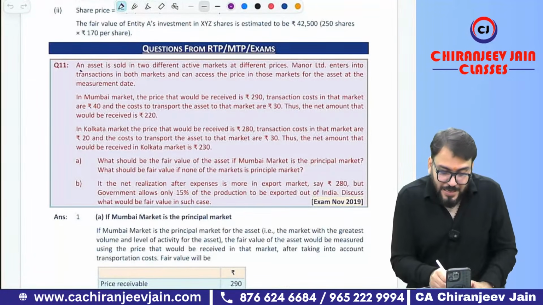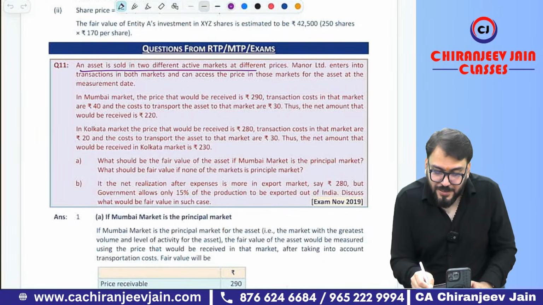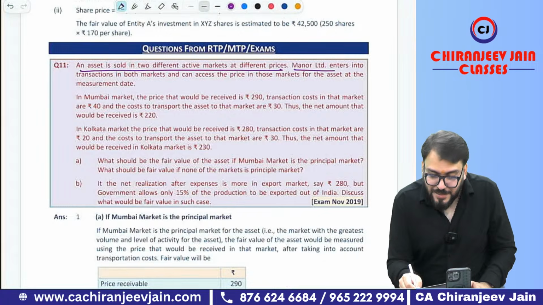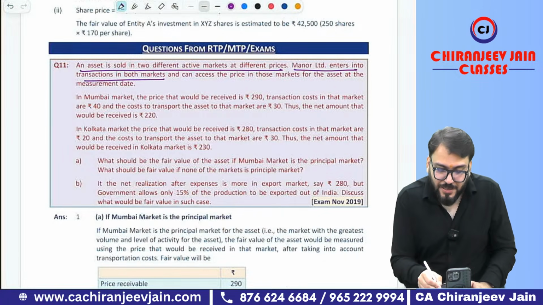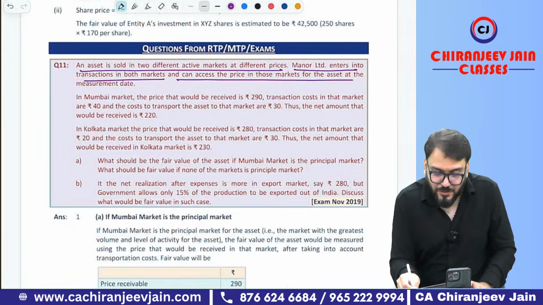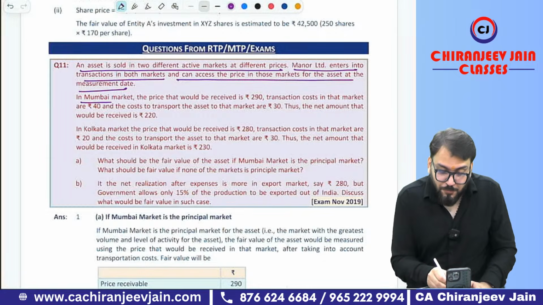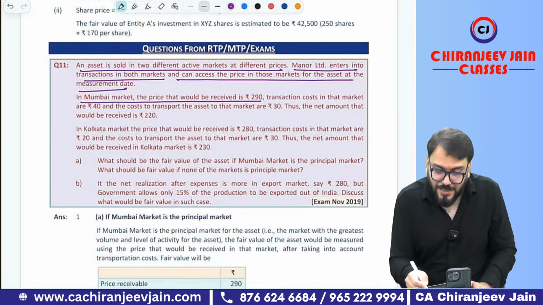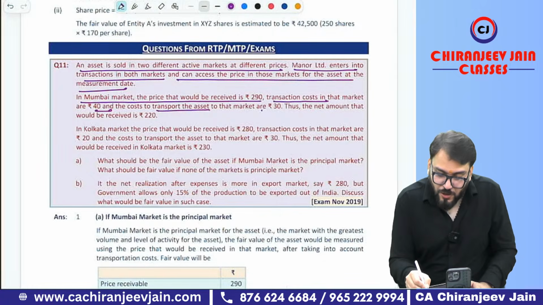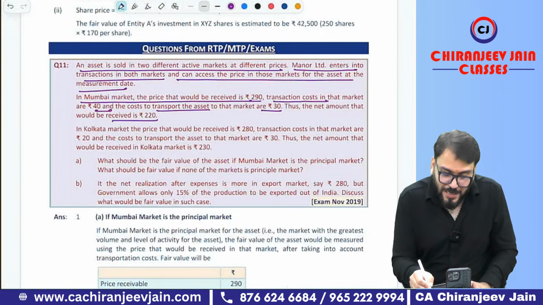What is given? An asset is sold in two different active markets at different prices. Entities are able to enter into transactions in both markets and can access the price in those markets for the asset at the measurement date. In the Mumbai market, the price that would be received is 290. Transaction cost is 40. Transportation cost is 30. So what is the net amount? 290 minus 40 minus 30 is 220.